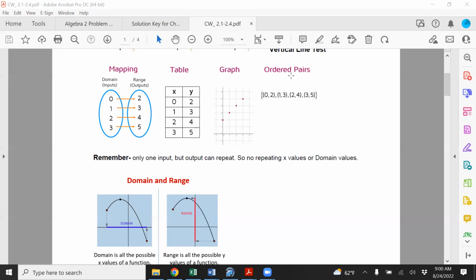Or if I did this, that's not okay. I can't do 1, 2, and 1, 3. For every input, it has to be just one output. So all these are functions because I guaranteed that x never repeated. Another way to think about it, x cannot repeat. X cannot repeat. Okay?